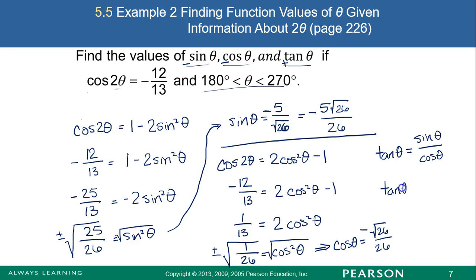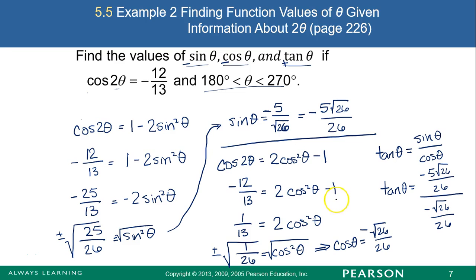Sine is negative 5 square root 26 over 26, and cosine is negative square root 26 over 26.